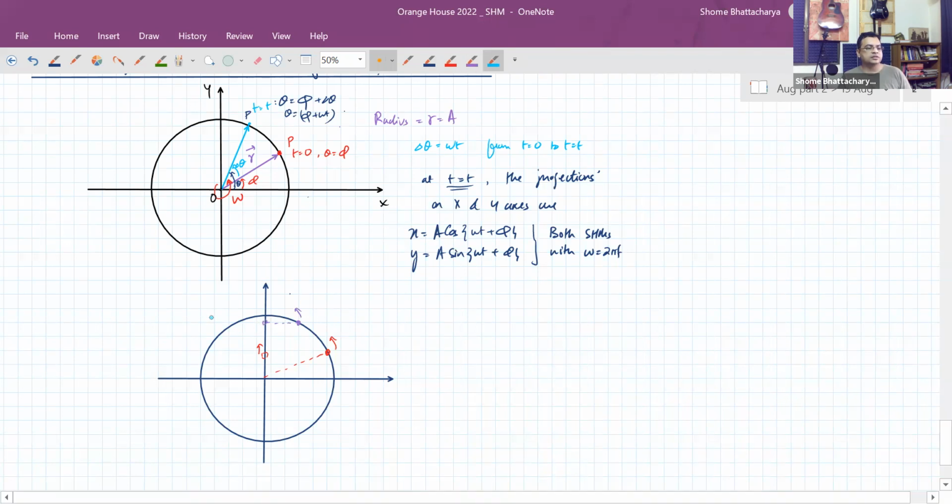Then by the time it reaches somewhere here, going like this, the projection has come back down over here. It's on its way down. By the time it crosses this point, the projection is at the mean position. And it goes like this. So it's doing SHM along the y-axis, you can see. And that is given by this equation.